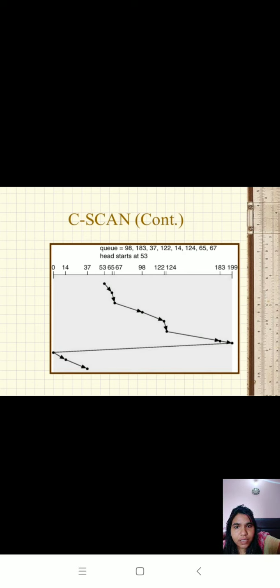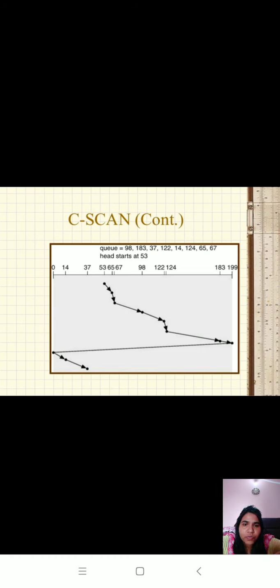So here is CSCAN. In CSCAN, it goes from 53 to 65 and 65 to 67. That means it goes to the higher side, which is 199, your last end.